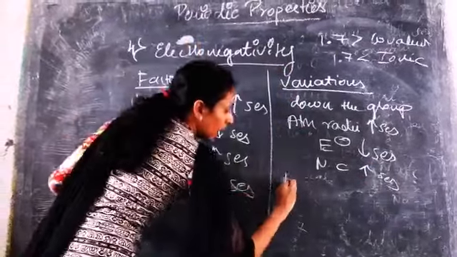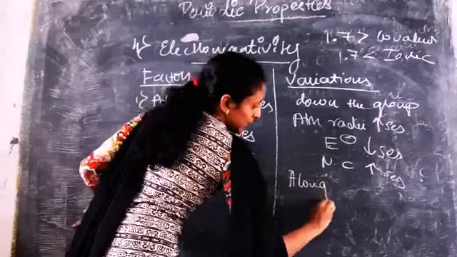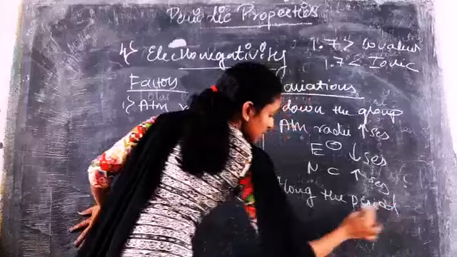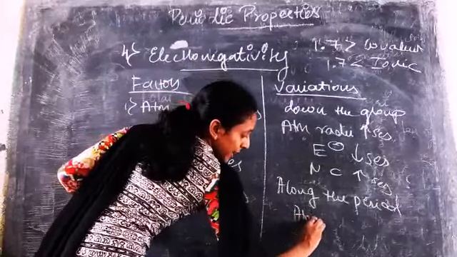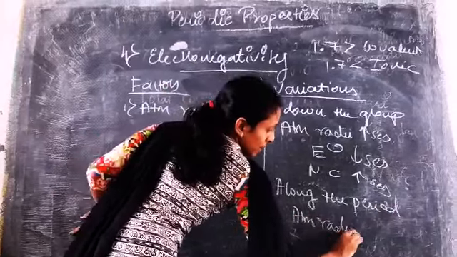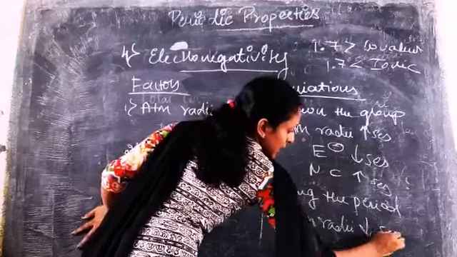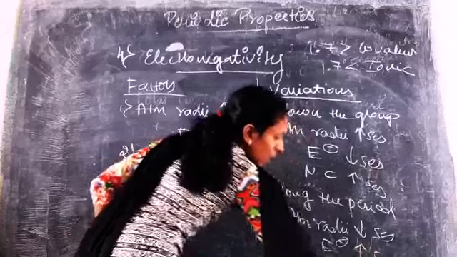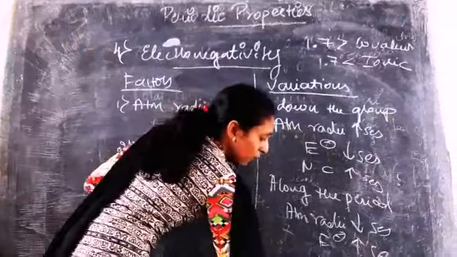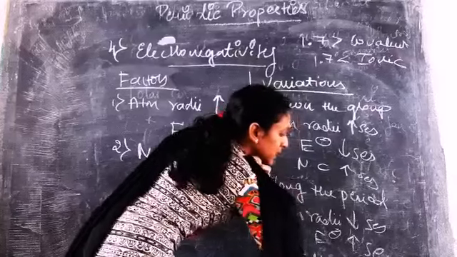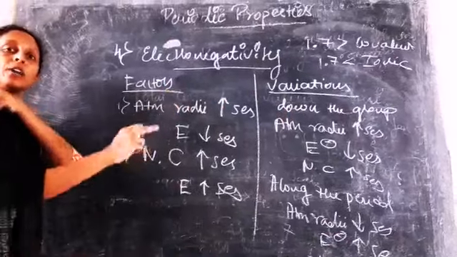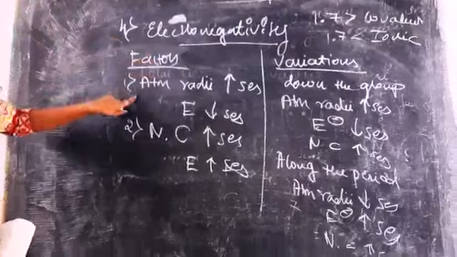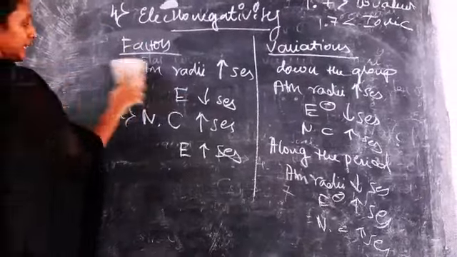Next, along the period, atomic radii decreases, electronegativity increases, and nuclear charge also increases. So electronegativity is opposite to that of electropositivity. So these are the factors and the variations of electronegativity.